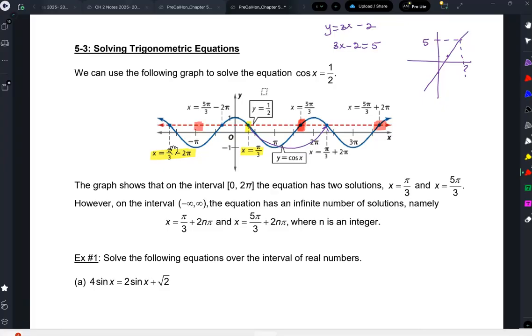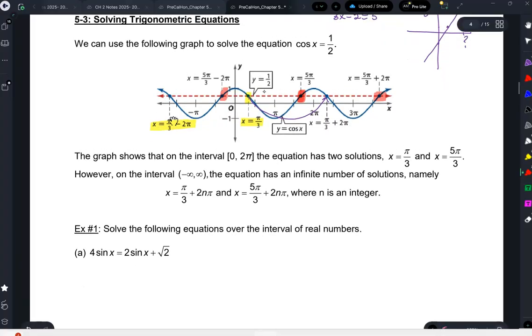So you have multiple solutions. On the interval 0 to 2 pi, your solutions are pi over 3 and 5 pi over 3.